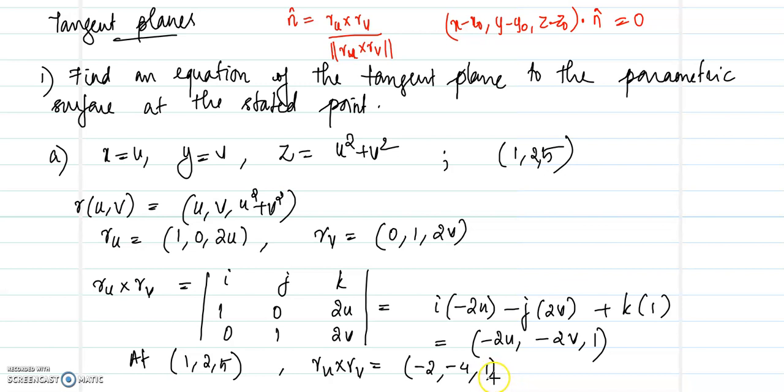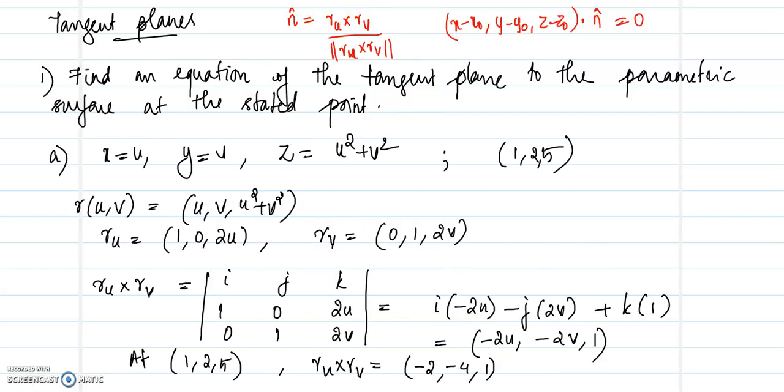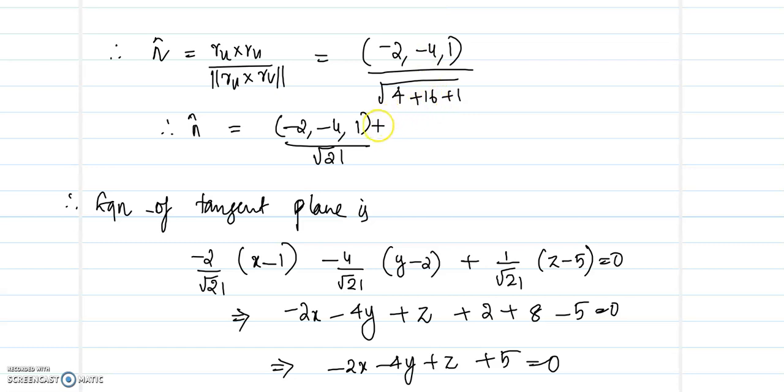Therefore, the norm will be root of minus 2 whole square plus minus 4 whole square plus 1, so the unit normal vector will be (minus 2, minus 4, 1) divided by the magnitude, which is root 21. So this is going to be the unit normal vector.